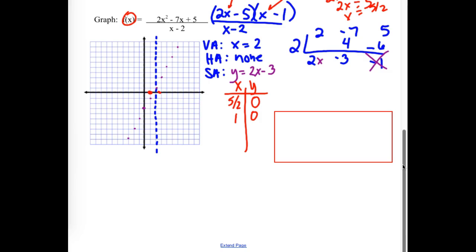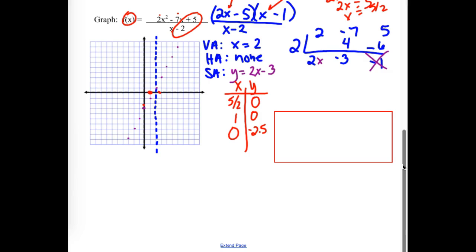All right. How about y-intercepts? If I put a 0 in for all my x's, this is gone, this is gone, this is gone. I end up with that. So negative 2.5. Okay. Let's do one more point.